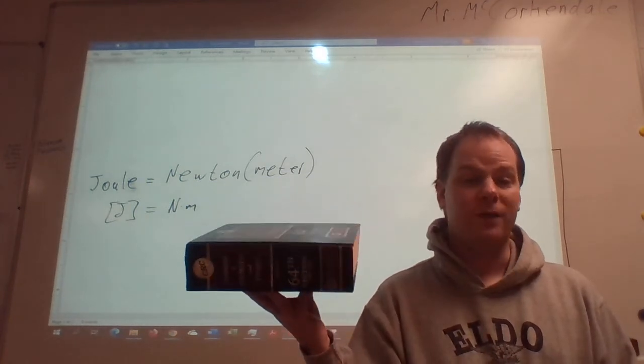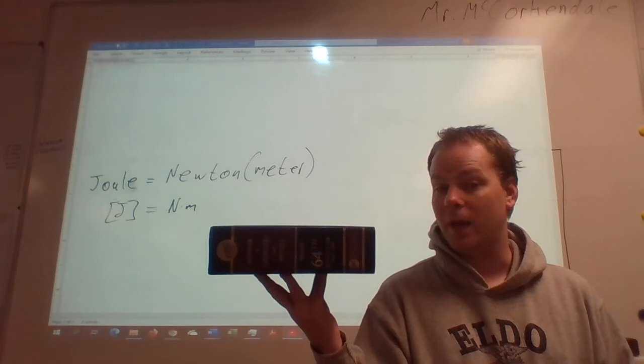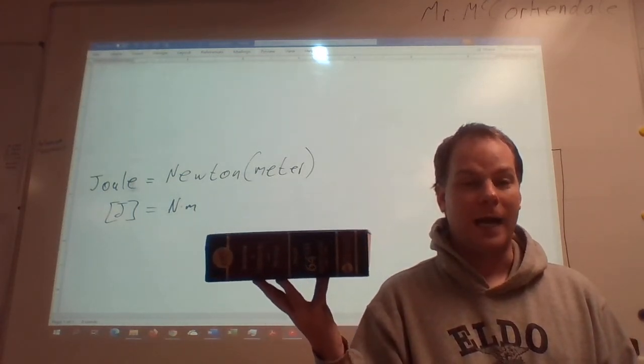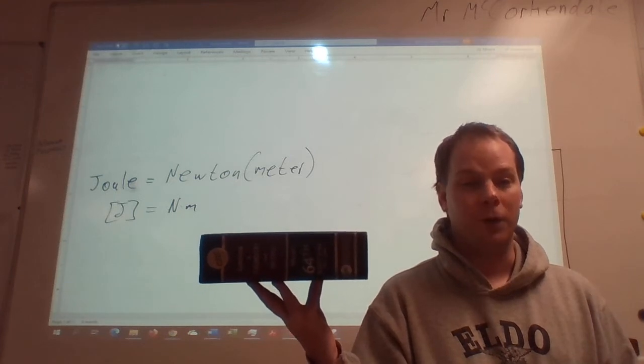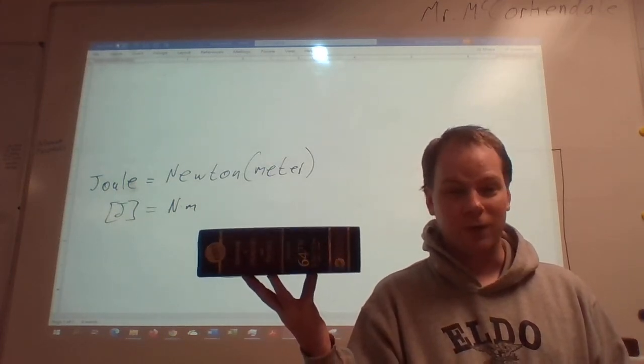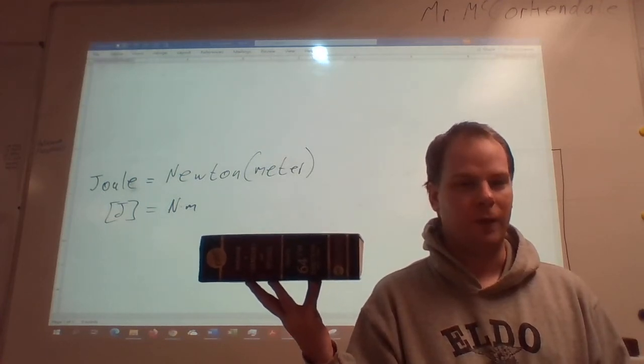But I'm preventing it from falling down, so I'm not actually moving. There is no displacement taking place. So there is no actual work being done while I'm holding this. That said, I am expending effort to do it because I'm resisting the force of gravity, but I'm not overcoming the force of gravity.